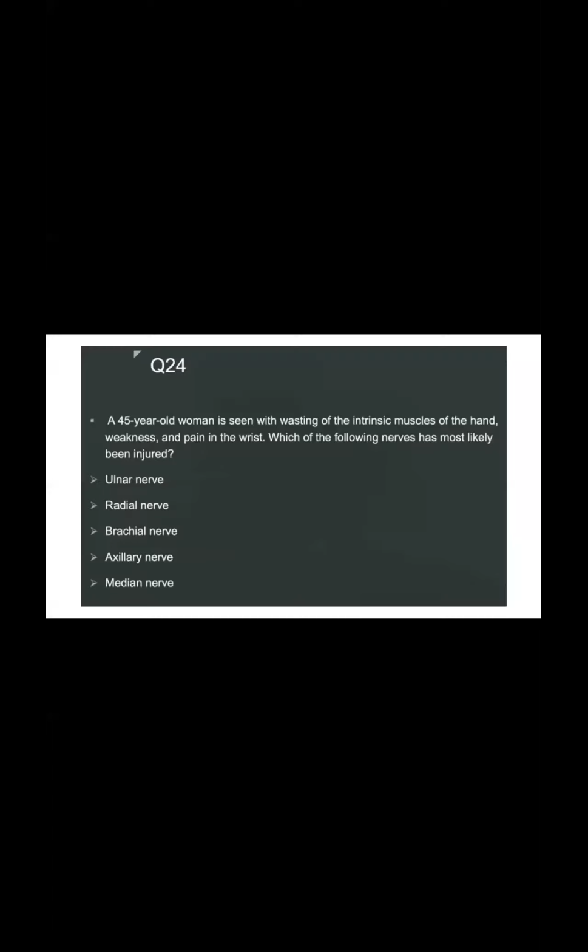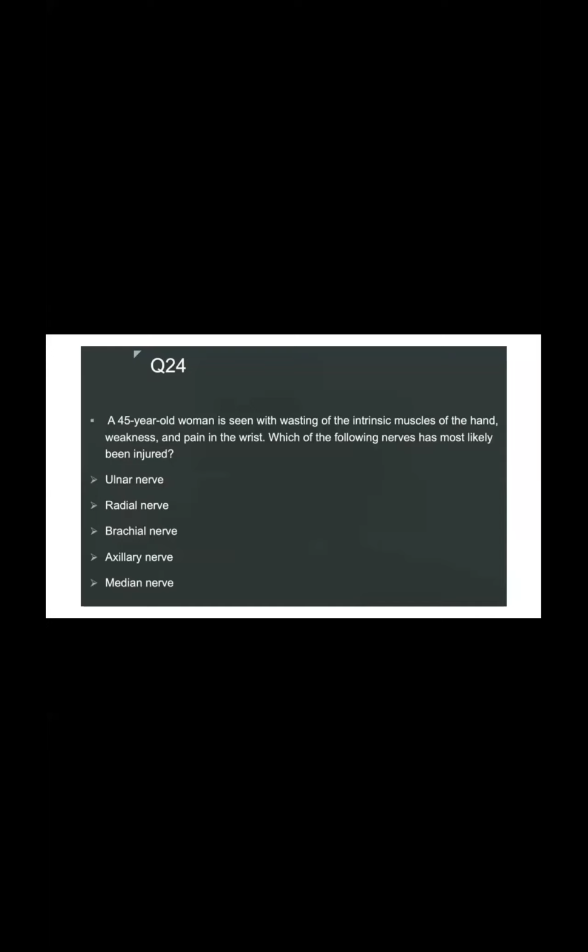Compressive neuropathy of the ulnar nerve at the level of the wrist, at Guyon's canal, most commonly caused by ganglion cysts. So your direct question is intrinsic muscles of the hand along with pain in the wrist: that is the ulnar nerve.